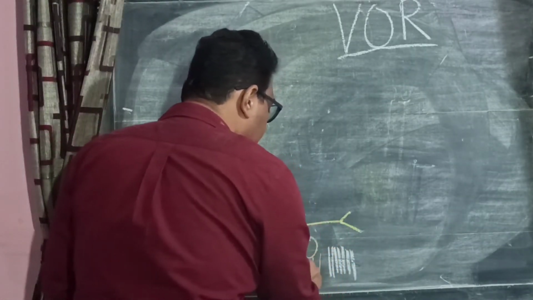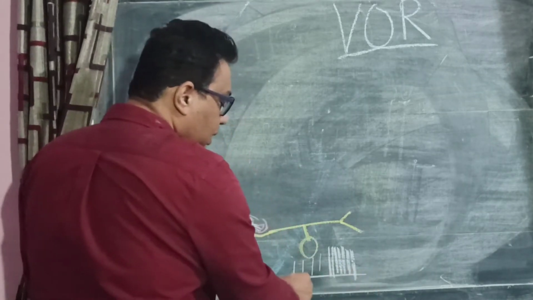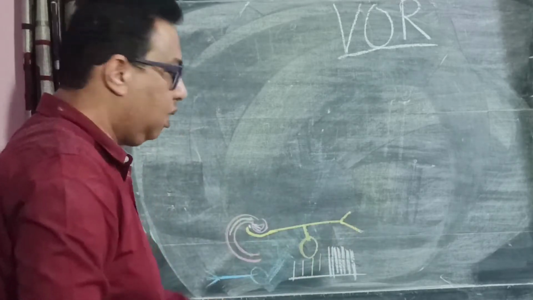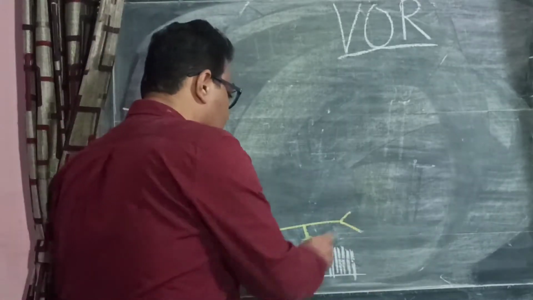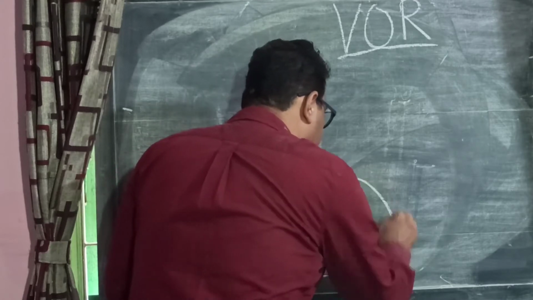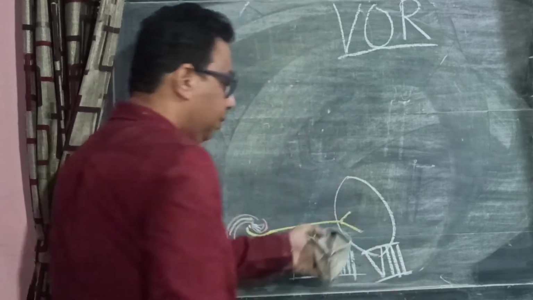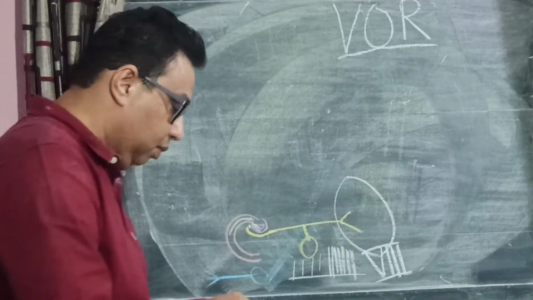So there is a tonic firing when there is no stimulation. As soon as there is stimulation, the number of action potentials increases. So there is activation, and this goes to the 8th cranial nerve nuclei, the vestibular nuclei.